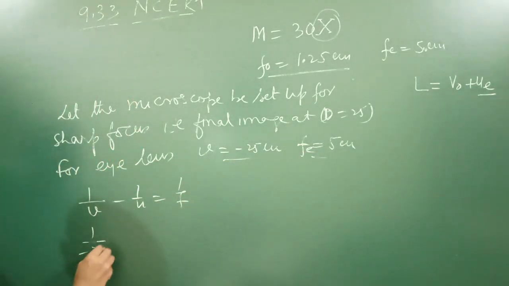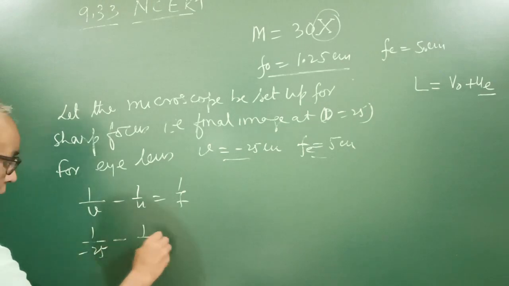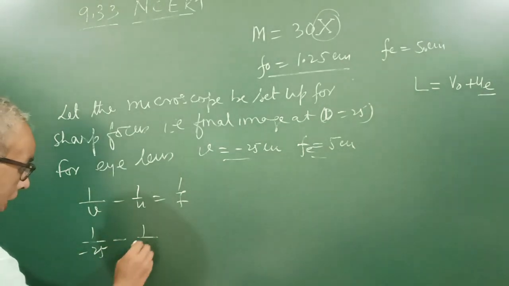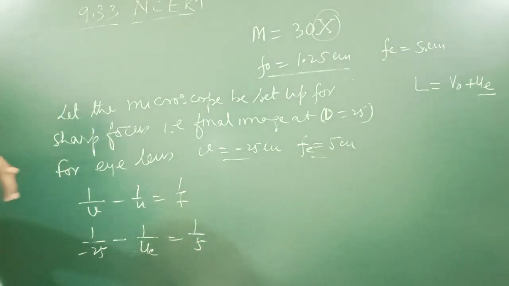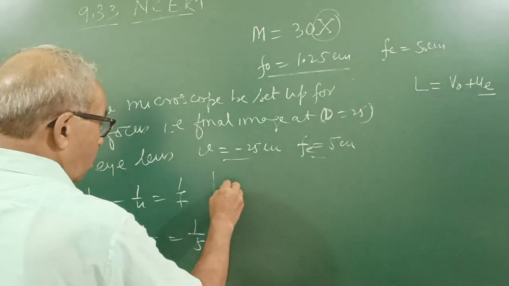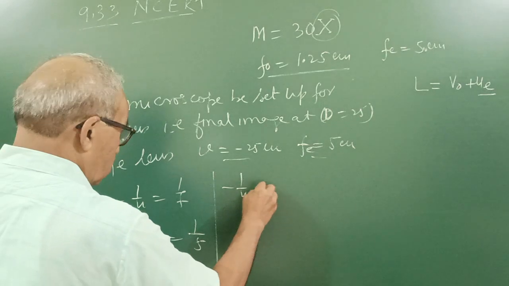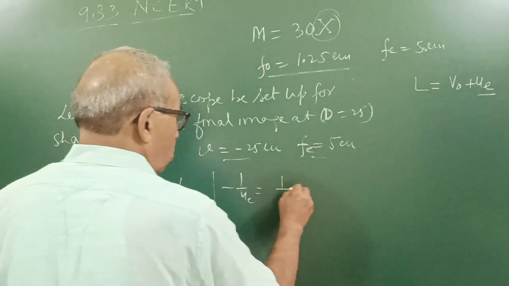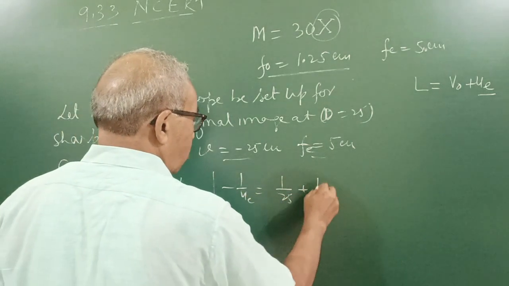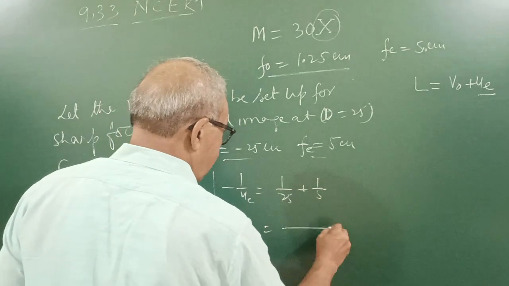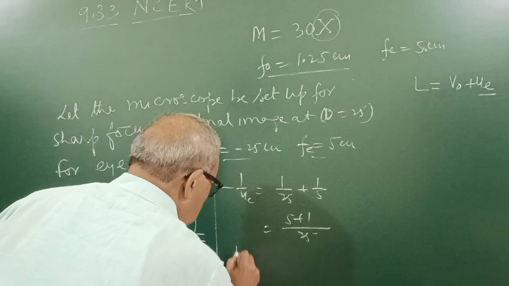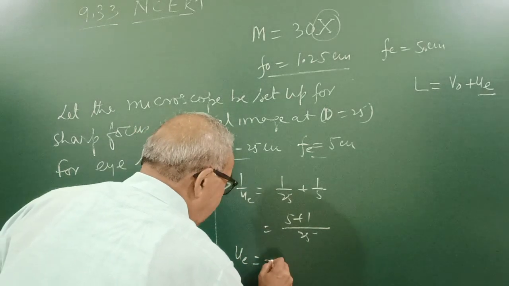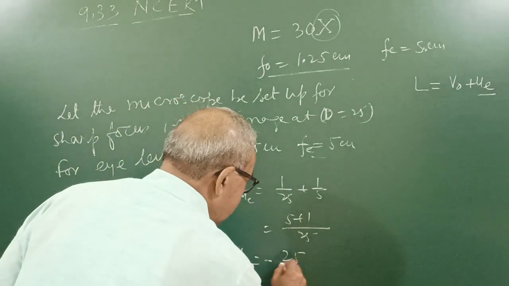So 1 upon minus 25 minus 1 upon UE is equal to 1 upon 5. So minus 1 upon UE equals 1 upon 25 plus 1 upon 5. LCM 25, it is 5 plus 1. So UE comes out to be minus 25 by 6 centimeter.